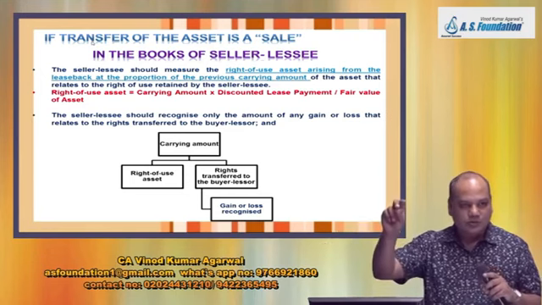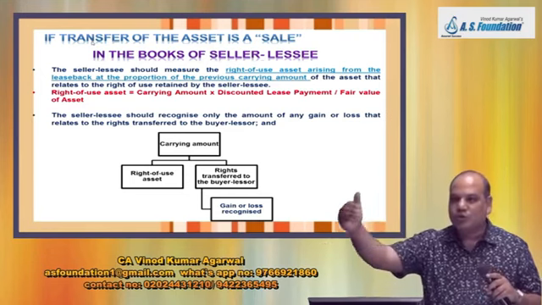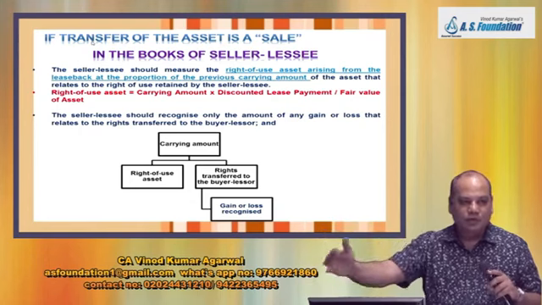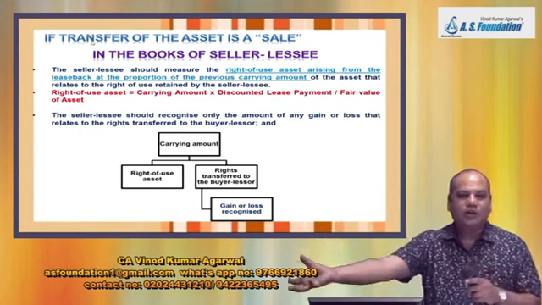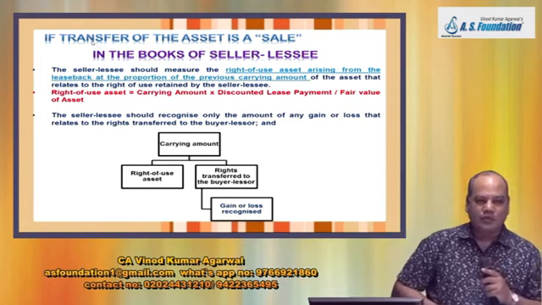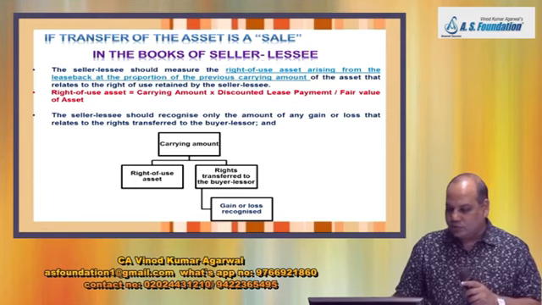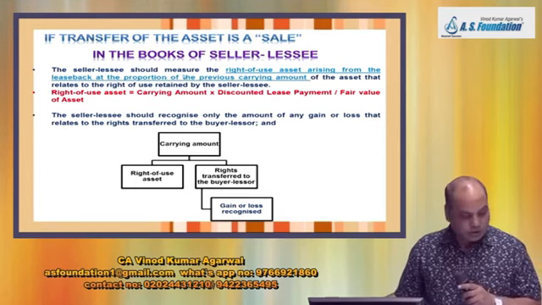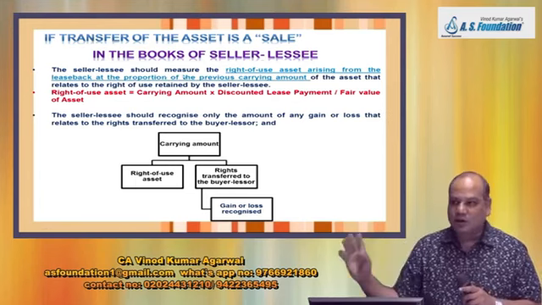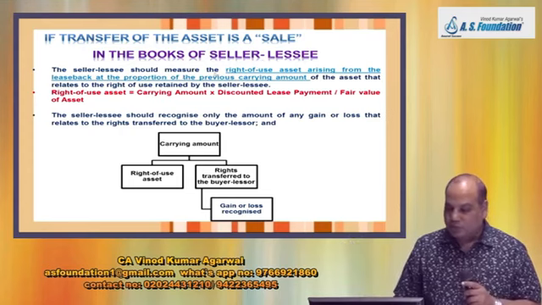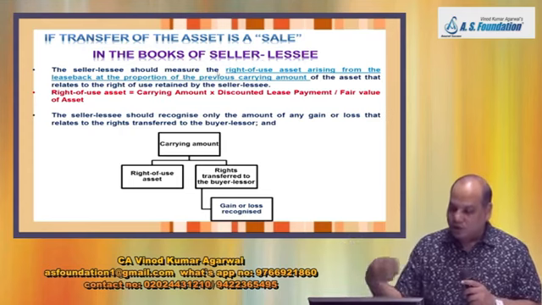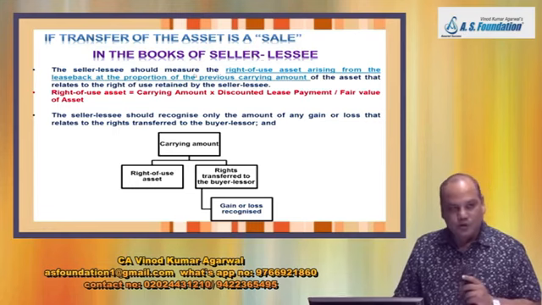Under that, case 1, in the books of seller lessee, the one who is selling the asset, taking the asset on lease again. So what will the seller lessee do? One thing we had learned, de-recognize the underlying asset at carrying amount. But in place of that, you will recognize right of use asset.